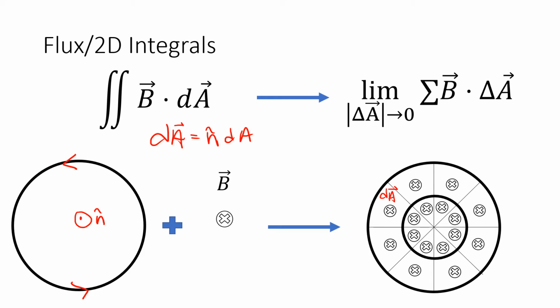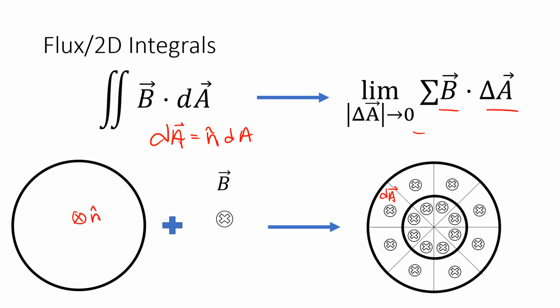In general, this would actually be a bad choice, because then you'll get a negative sign. For each time you're doing B dot dA, there's a negative sign there. And so whenever you're saying flux, if B is increasing, then flux is decreasing, which is kind of hard to think about. So I always choose, if we know B is pointing into the page, to define dA in the same n hat direction.